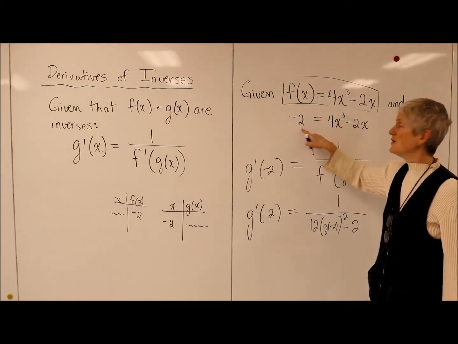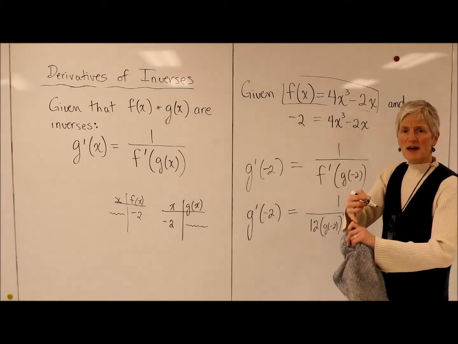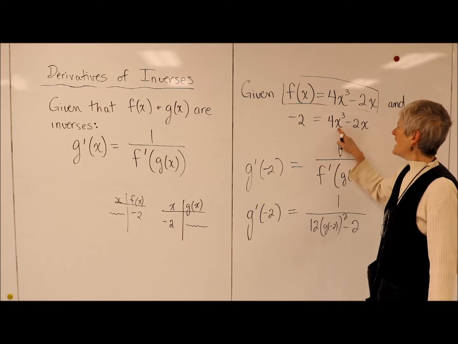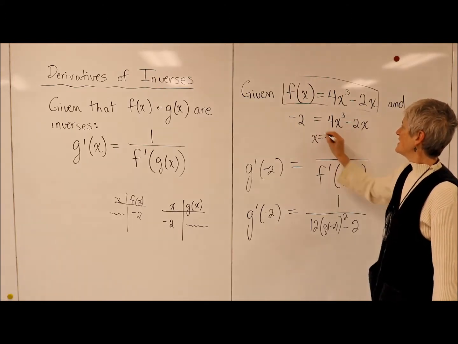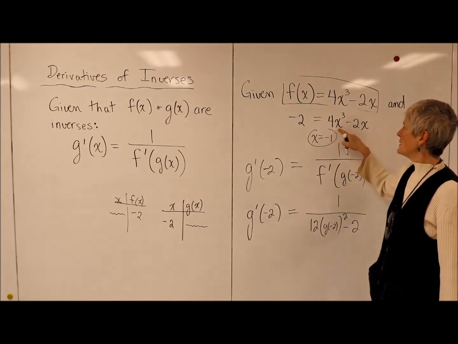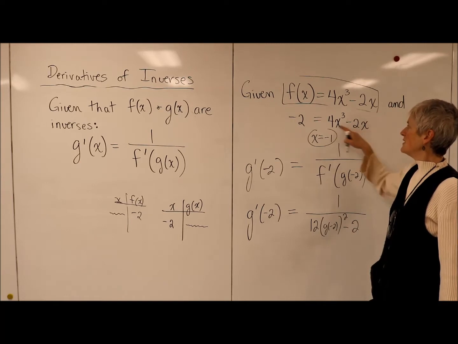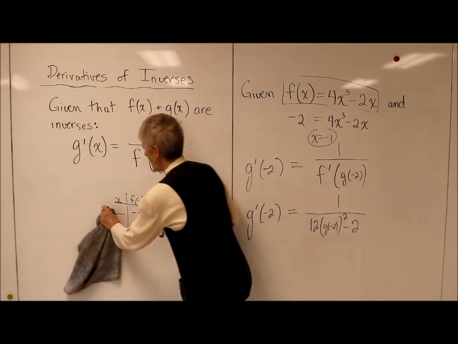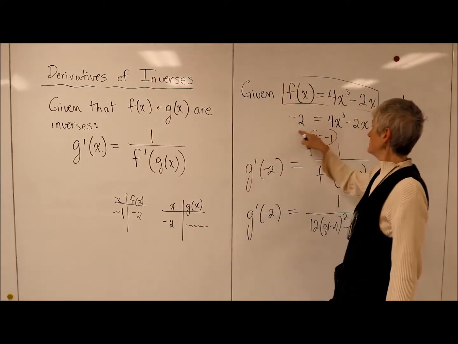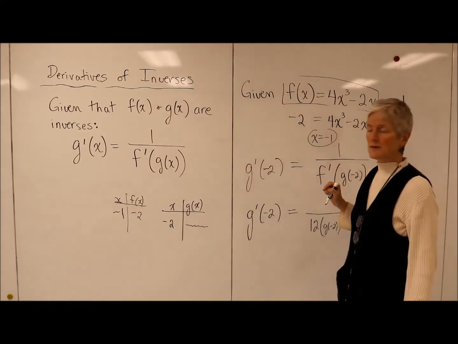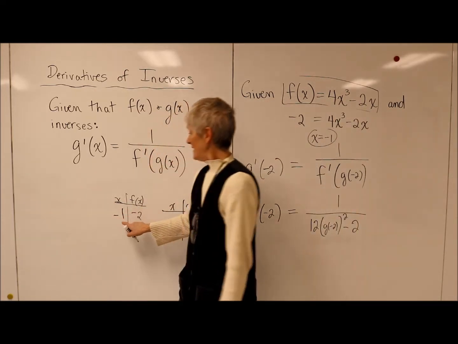Y1 equals -2, Y2 equals 4x cubed minus 2x, and see where they intersect. Or you can think about it. What x value would make this true? And I think we decided that -1, 4 times -1 cubed is -4, plus 2 is -2. But if that just freaked you out, you can use your graphing calculator and just see where those are equal.